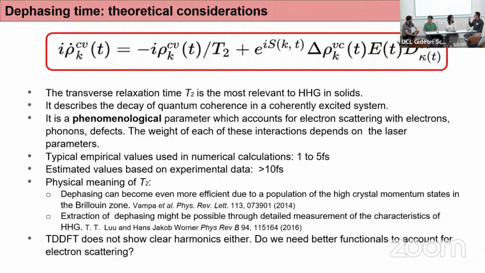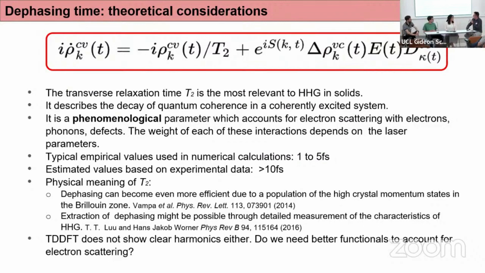In the paper from Vampa from 2014 that I commented on before, they mentioned that perhaps it's because these dephasing times higher than 10 femtoseconds were measured under different experimental conditions from how we use it in HHG in solids.